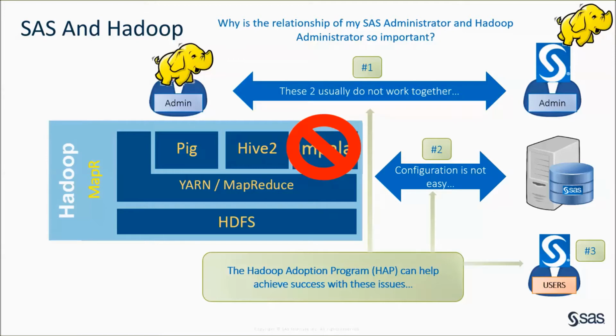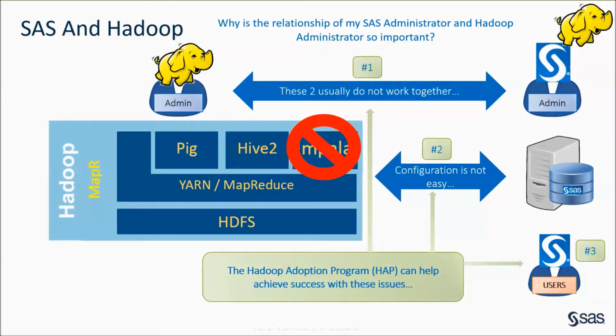Therefore, it takes some extra effort for them to be able to collaborate on configuration and getting the handshake between SAS and Hadoop to work effectively. When we talk about a handshake, we mean the ability for the SAS server and/or desktop client to be able to connect to the environment using either a connect to protocol or a LIBNAME statement.